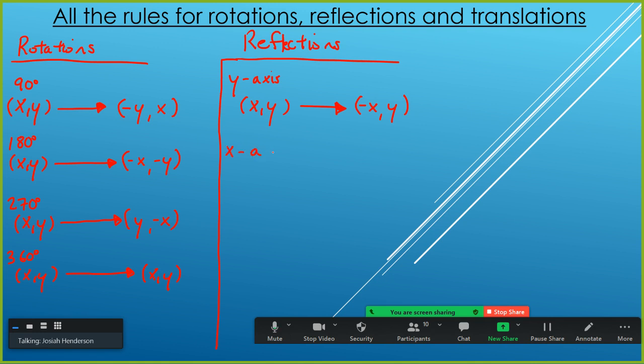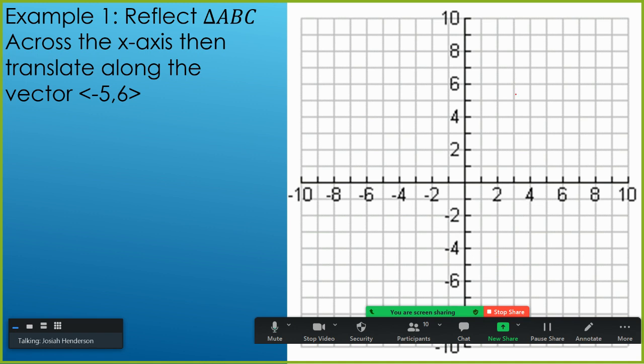Then we did an x-axis reflection. Remember, this is our horizontal line, right? So if we started, just a quick example, if I started right here for my ABC, my original, but I folded over the x-axis, that's the horizontal, it folds downward.